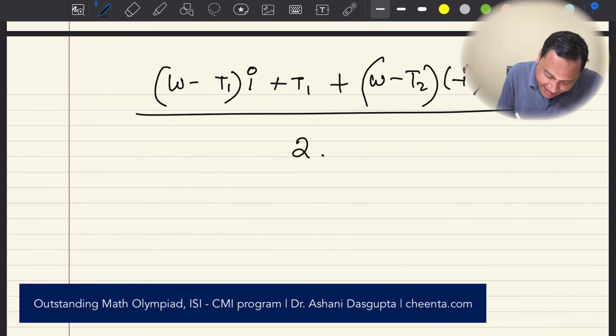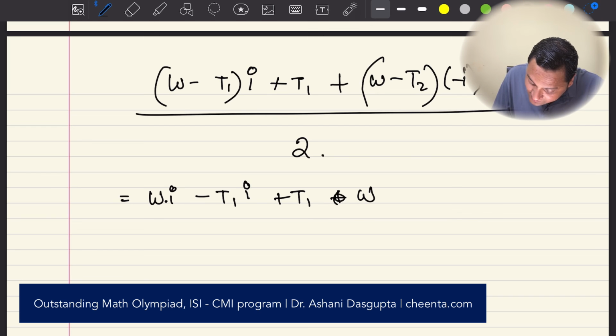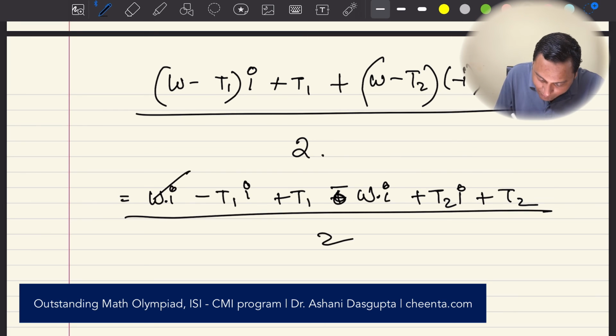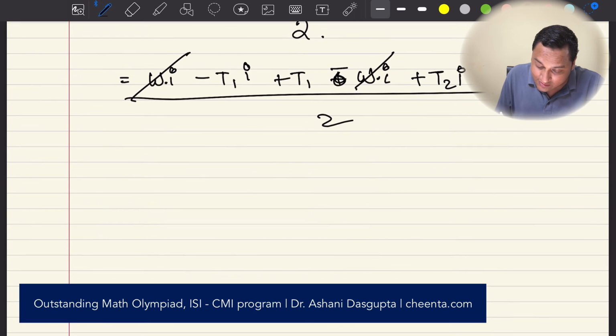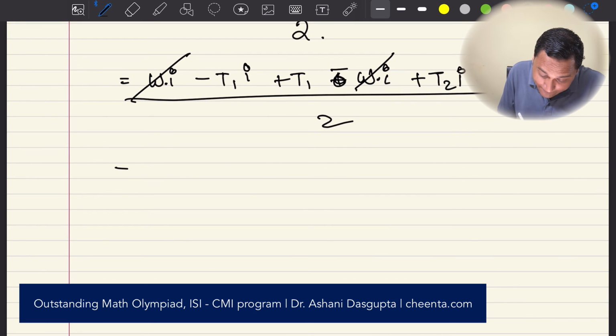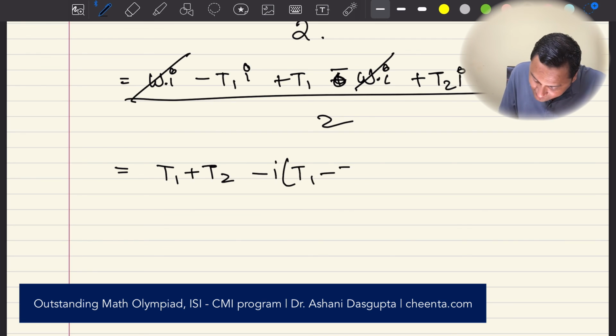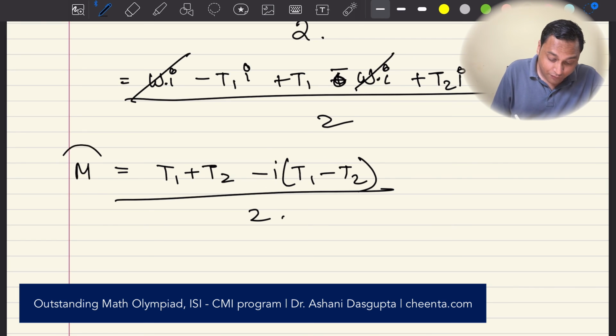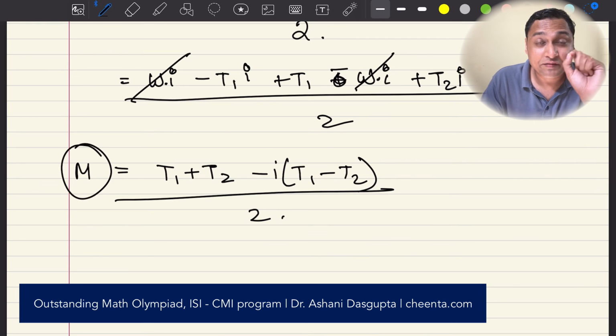So if you just expand it, it is Wi minus T1i plus T1 plus minus Wi plus T2i plus T2, by 2. So Wi minus Wi cancels. So whatever is left out, I think you can see it. It is T1 plus T2 minus i times T1 minus T2, by 2. This is the position of the flag M, of the treasure.